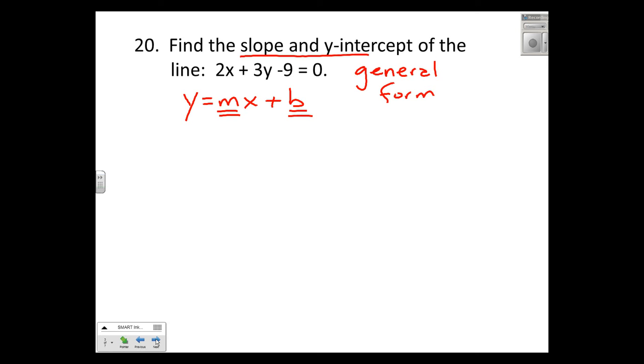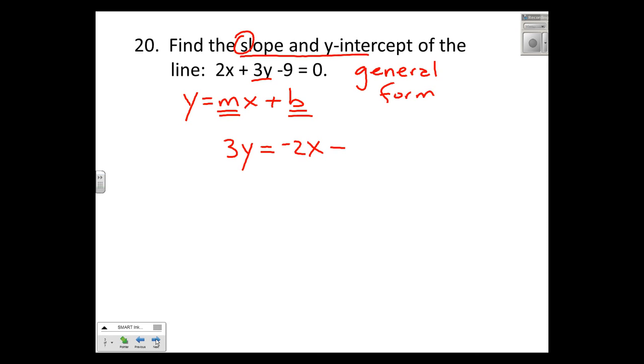The slope-intercept form, oftentimes when I'm teaching this to maybe an Algebra 1 class, I'll talk about slope-intercept. Slope starts with S. S stands for solve for y. So we're going to solve this guy for y. So I'm going to leave 3y on the left side of the equation. I'm going to subtract 2x on both sides of the equation.